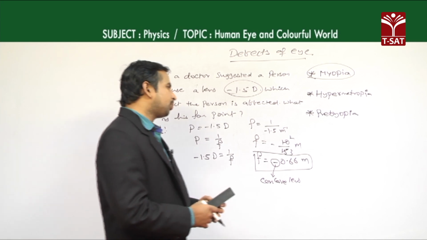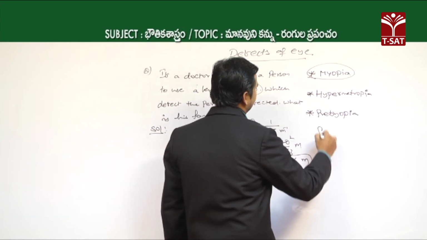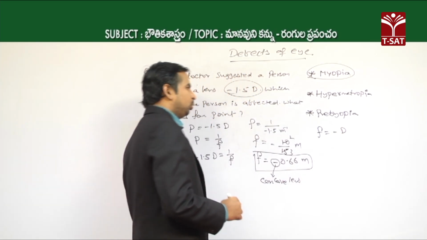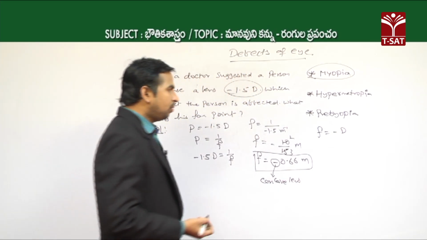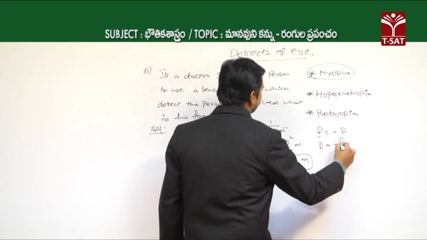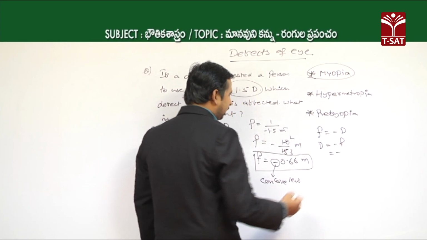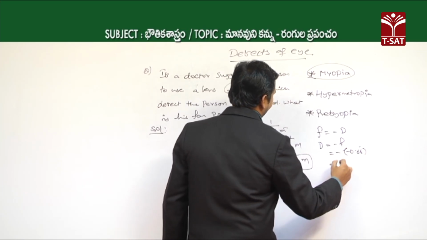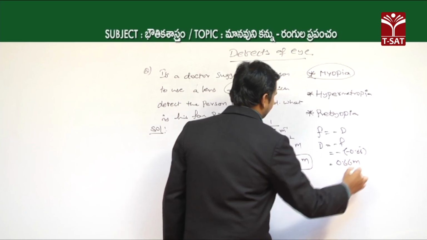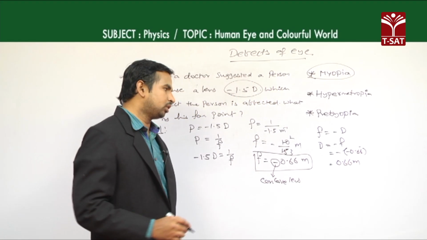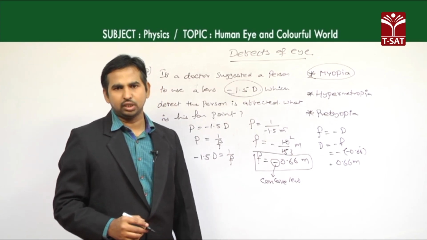We know that the far point distance is nothing but equal to the focal length here, which is f is equal to minus d. Means the far point distance d becomes d is equal to minus f, which is minus of the focal length given, minus 0.66, so 0.66 meters. Means the far point distance of the person is about 0.66 meters.